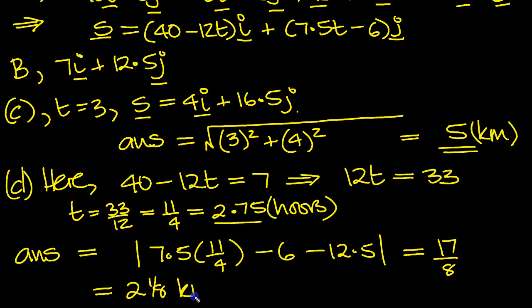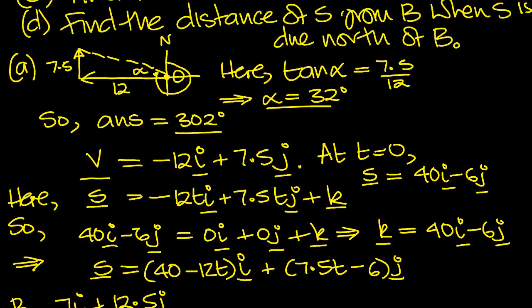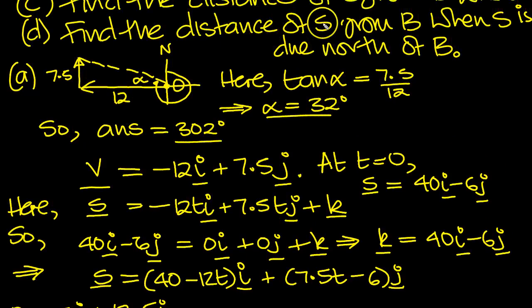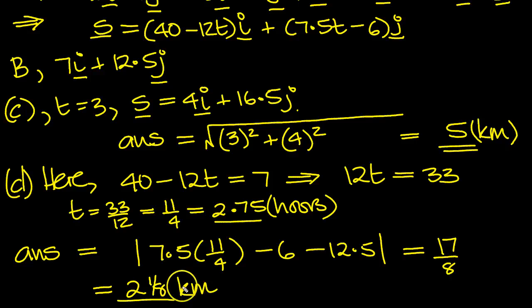And that's the distance, in kilometers. And that was part D. Let's just double check. Find the distance of S from B when S is due north of B, which we've done. So it's just the difference between the y components when the x's are the same.